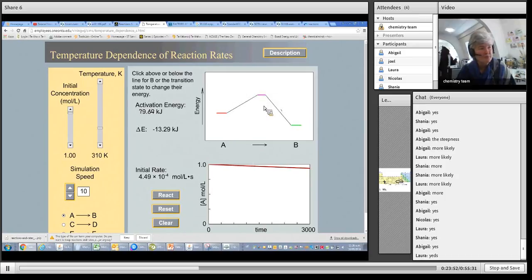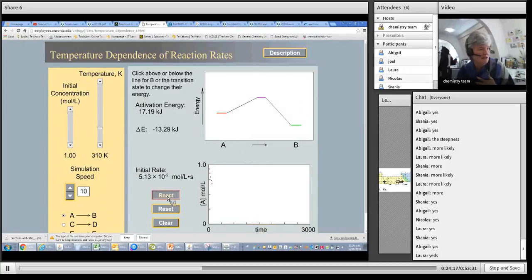If I provide an alternate pathway and I lower that activation energy, so there's my reactants going to my products, okay, now if I react, well, it's happened so quickly at this temperature, it's already gone right down there. So I'm going to actually make it go up a bit.